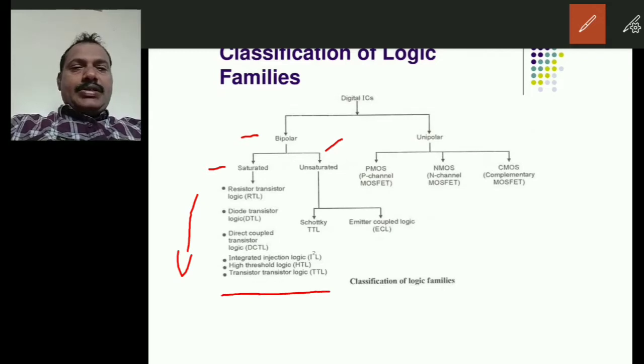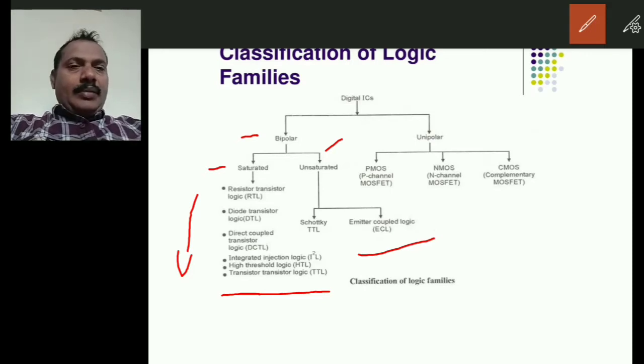So these are the families we have. And in the case of unsaturated, we have two types. One is Schottky TTL, another one is emitter coupled logic ECL. In this, the transistor doesn't go to saturation, but it will be activated in amplification mode, the active region.